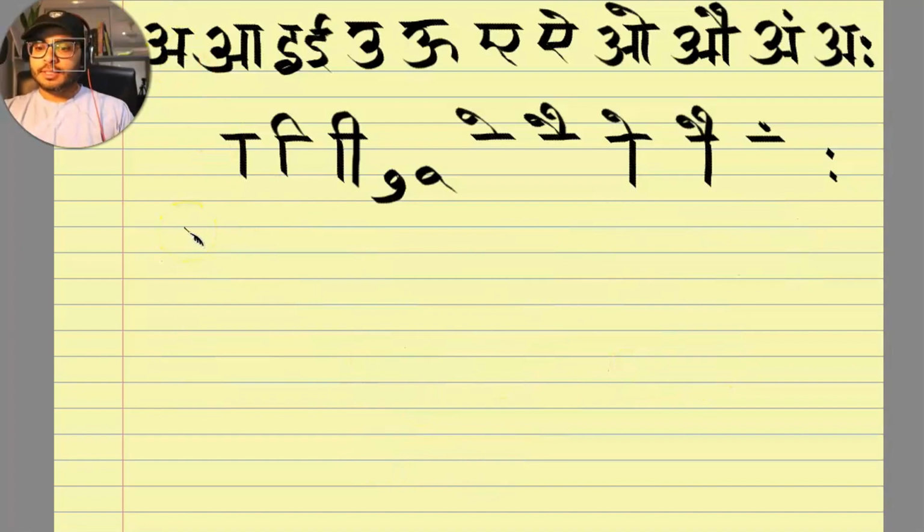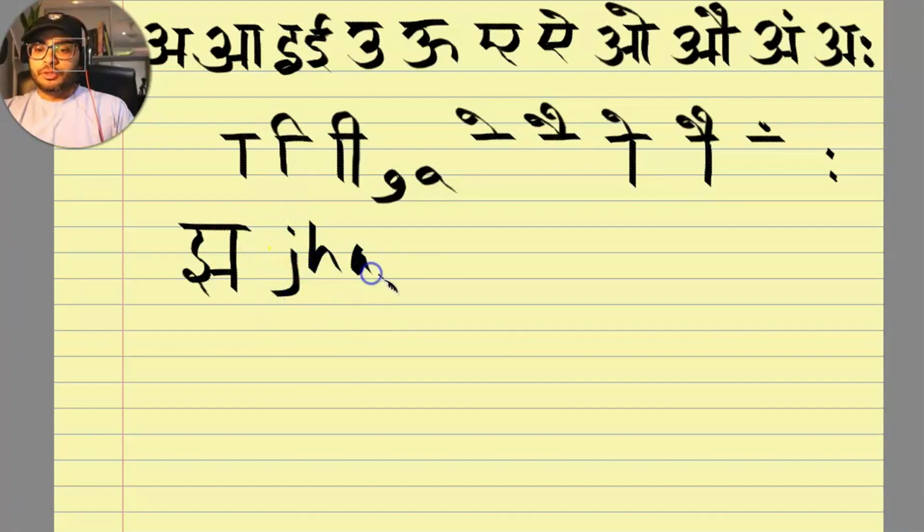Now the next sound is going to be jaw. This is a bit difficult. Similar to this E, what you do is you do this, and then you bring a horizontal line and then a vertical line. This sound is jaw, and the IAST for this sound would be JHA.